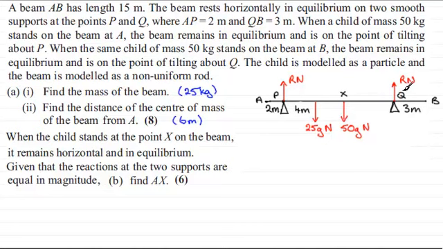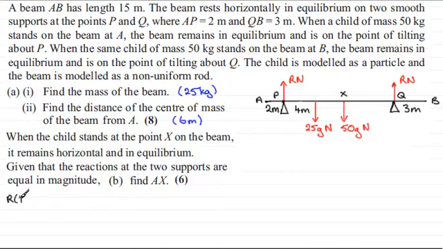And then I'm going to take moments about the point A. I can take moments about any point I like, but I think A would be the best because we would then straight away get the distance AX coming up in our equation. So it's going to be resolving upwards and then taking moments about A, then solving simultaneous equations from there on.